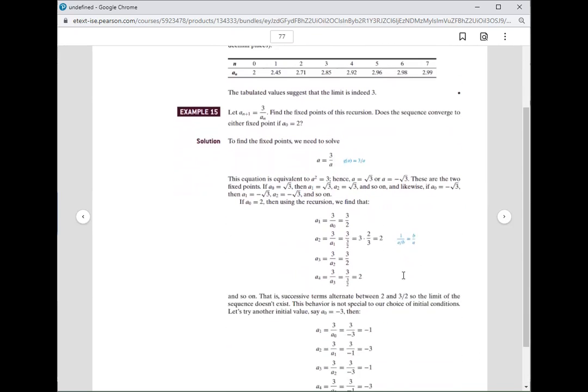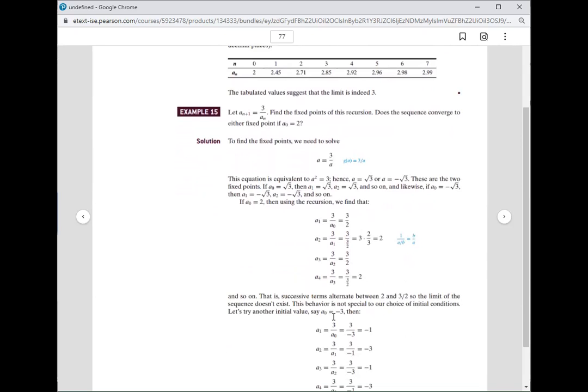And you see, as you continue, it alternates between values, so the limit of the sequence doesn't exist. This behavior is not sufficient to our choice of initial case.